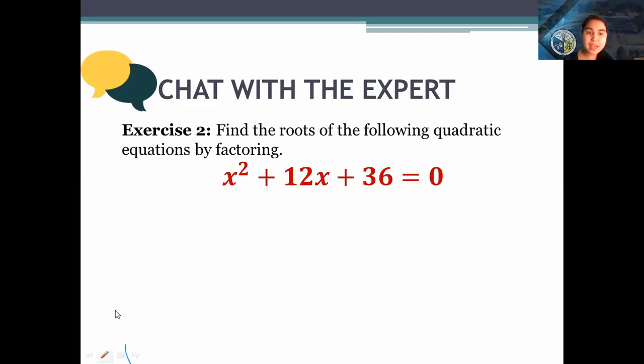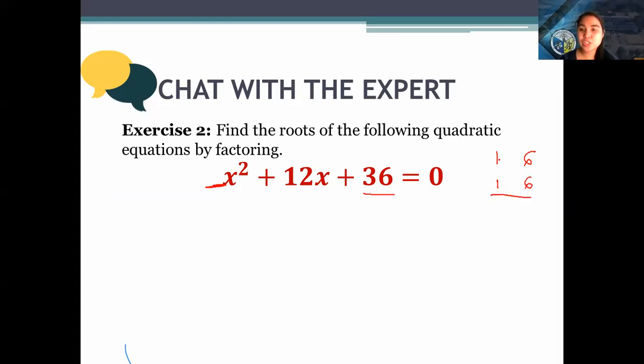First one, x squared plus 12x plus 36 equals 0. Okay, in the chat box, what are the factors? The factors of 1 are 1 and 1. The factors of 36, 6 and 6.